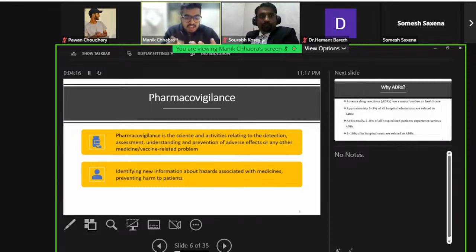Then again, they exclude patients of lower or higher age, mainly pediatric and geriatric patients, and pregnant and breastfeeding women. So we need to determine the safety of any drug product in the market based on real world evidence. And there comes pharmacovigilance, which helps us in strengthening those evidences.